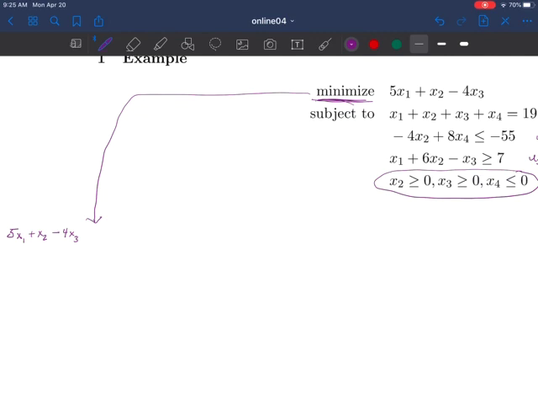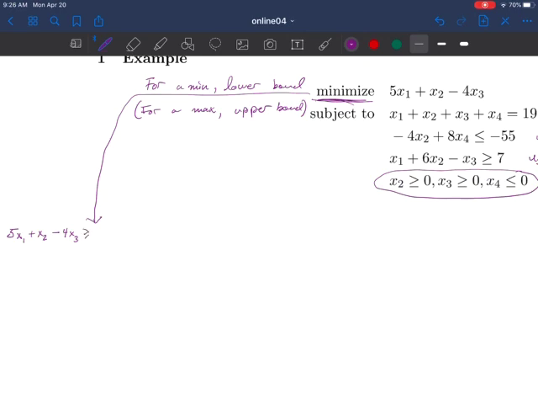You have to take the sense here and understand we want to bound this. It's a minimize. And because it's a minimize, we want a lower bound on a min. If this is a max, we would want an upper bound.